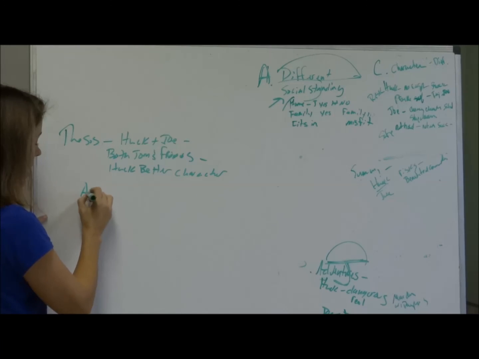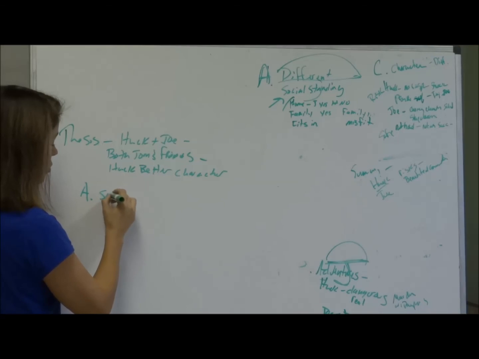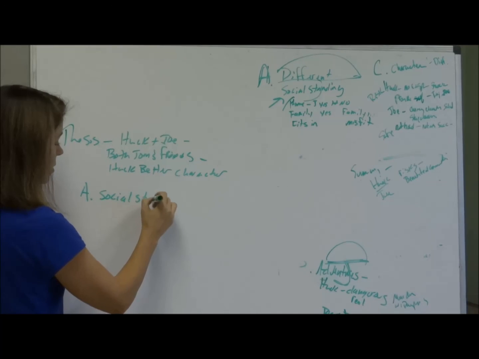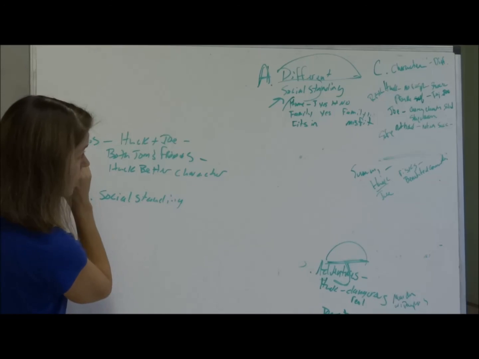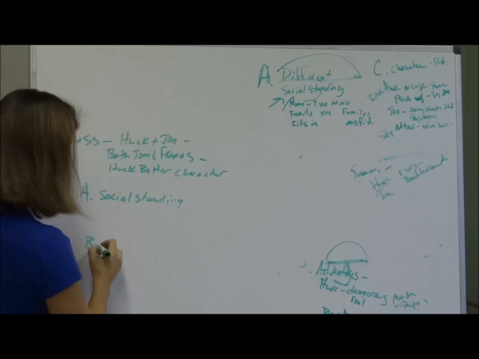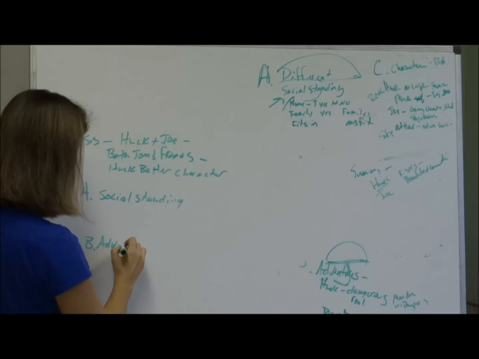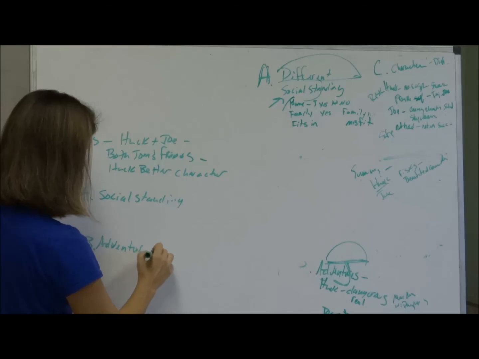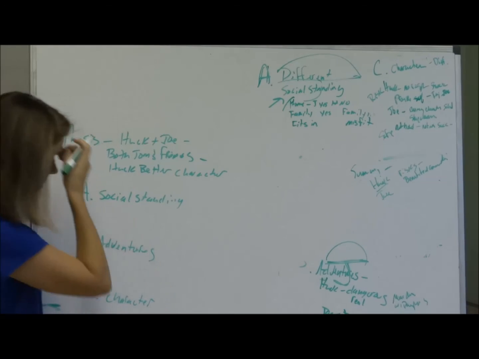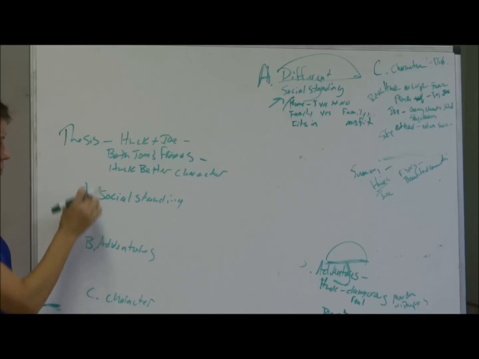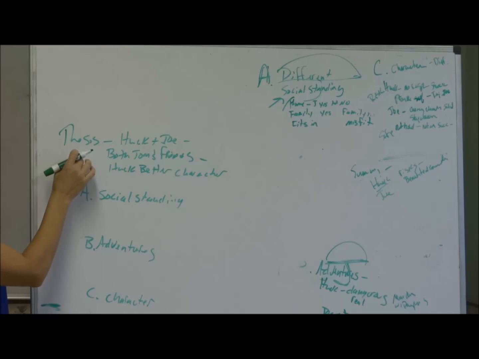And then you've got A, which has to do with social standing. Right? B, which has to do with, what was B? Adventures. And C, which has to do with character. Do all of these ideas fit under this thesis? Mm-hmm.